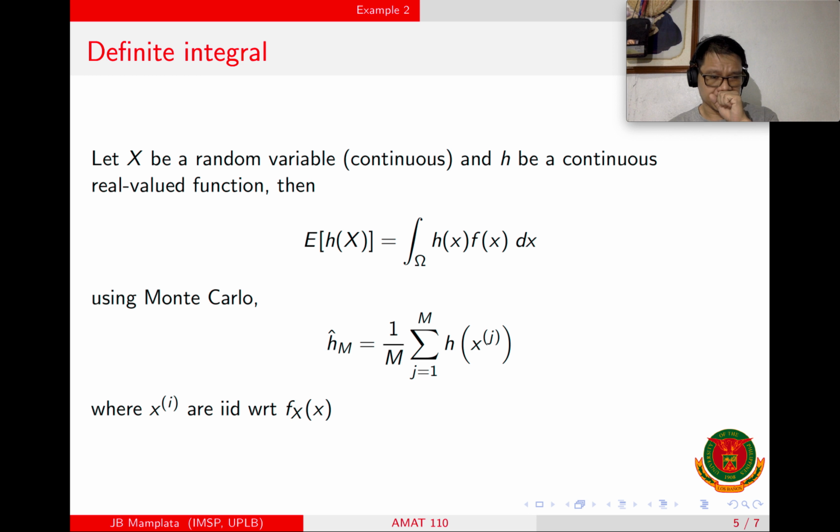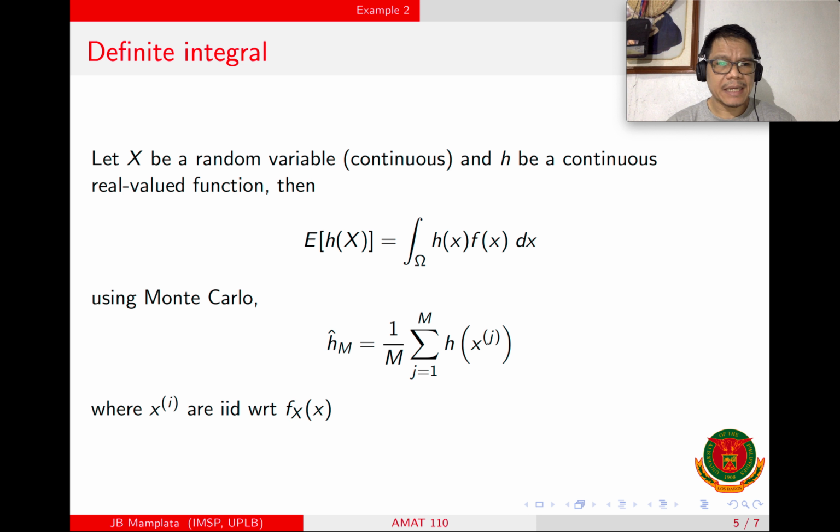Alright? And yung xj natin is assumed to be independent and identically distributed with respect to the probability density function f sub x of x. Okay?